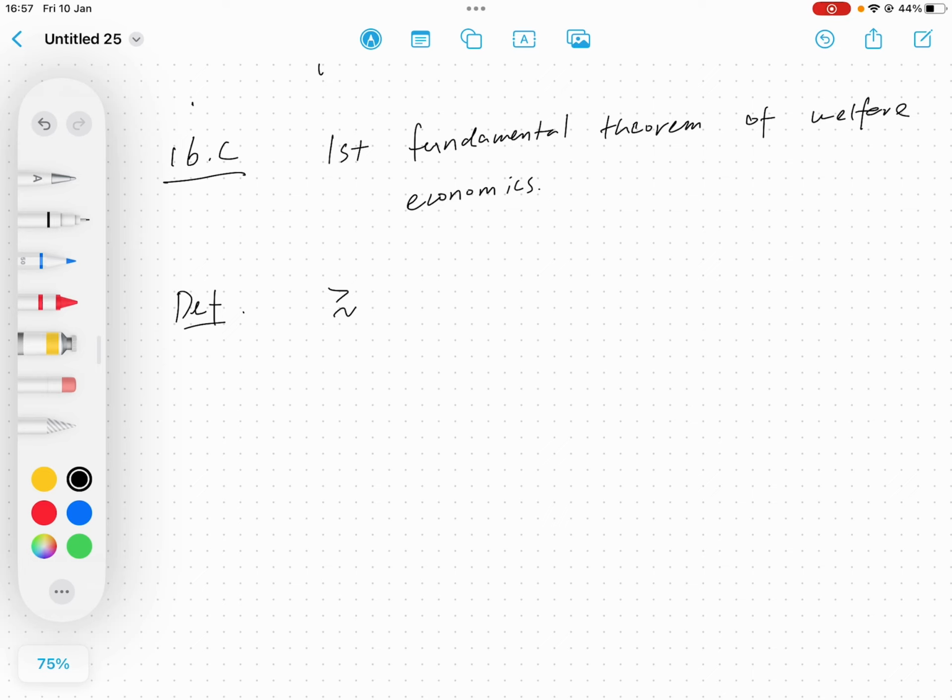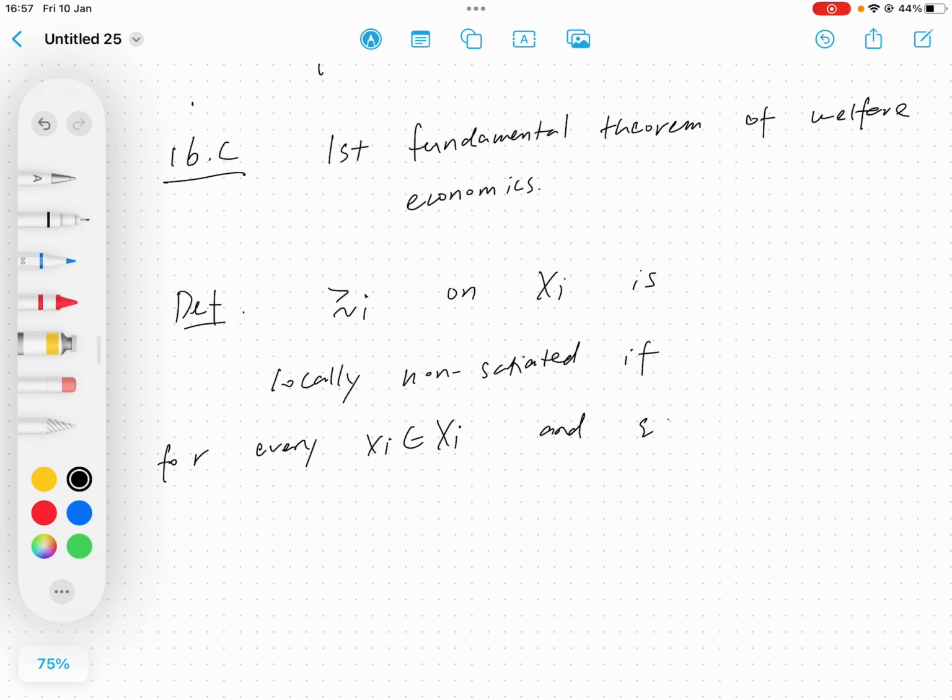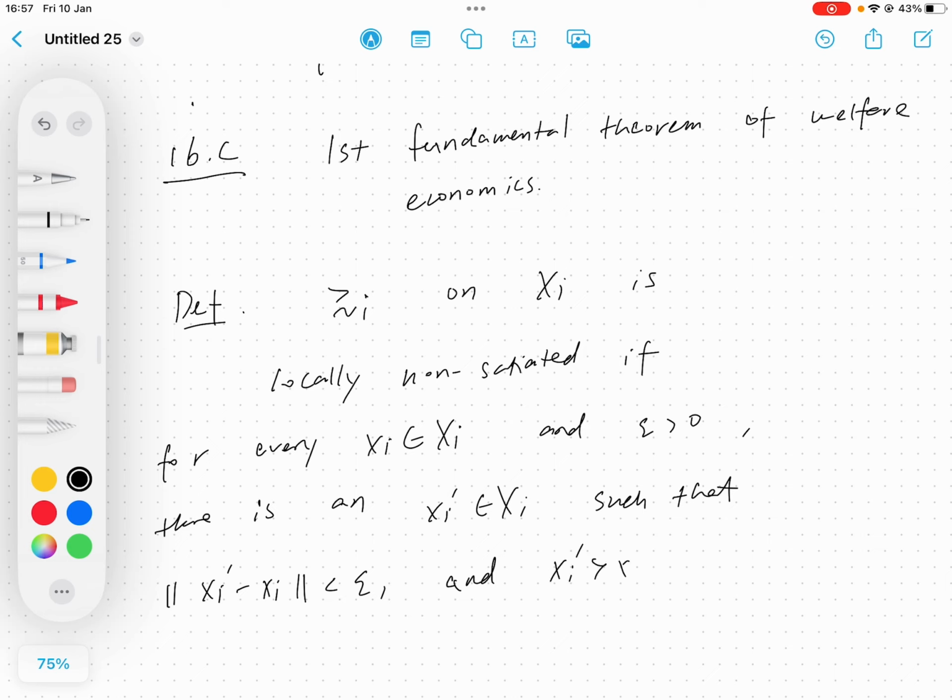We say the preference relation on the consumption set at xi is locally non-satiated if for every xi and every epsilon there is an xi prime pretty close to this xi, and it's strictly preferred to xi itself.